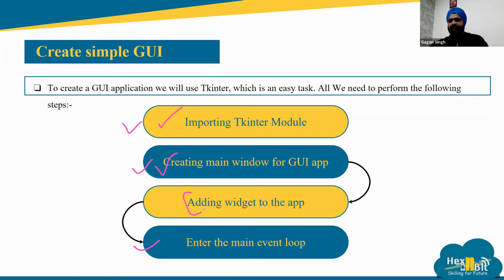Widgets means the elements you are going to add to your app in order to interact with it. Like for example, if I talk about a button, or this entry field. So we will be making an entry field today, in which you write your username and password, that sort of thing, which receives the data from the user.